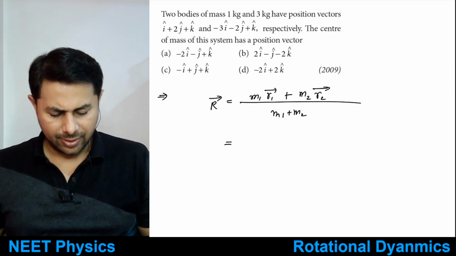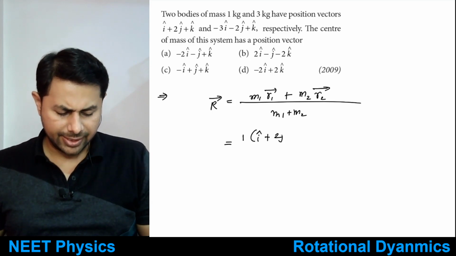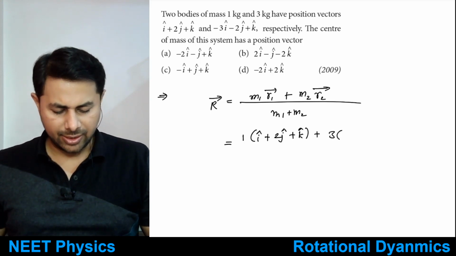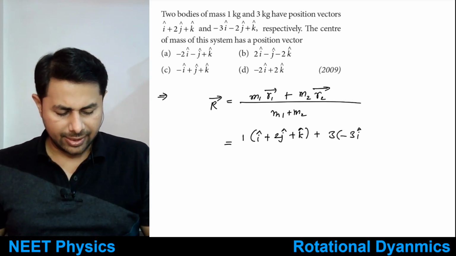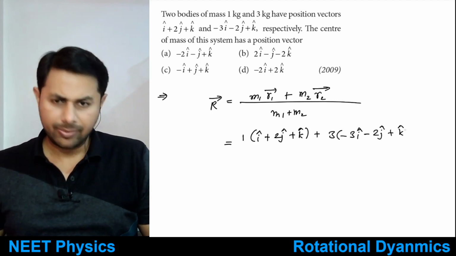Okay. So then it is M1 is 1 times I cap plus 2j cap plus k cap, plus M2 times. So M2 is 3 times minus 3 I cap plus minus 2j cap plus k cap, option A.